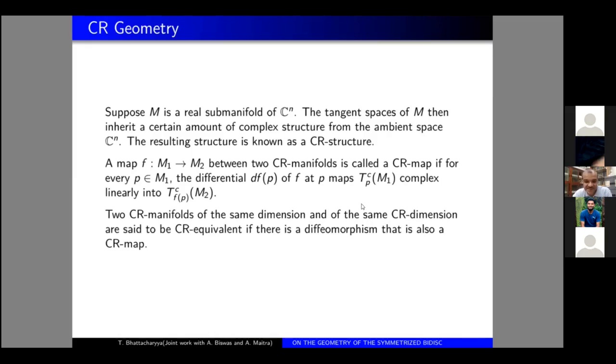Such a thing is called a CR map. Two CR manifolds are said to be CR equivalent if there is a diffeomorphism that is also a CR map. So we have shown that the leaves are diffeomorphic. But in the presence of the complex structure, now it makes sense to ask whether they are CR equivalent or not. This we did not know.